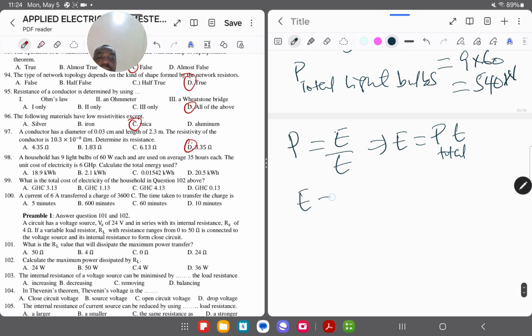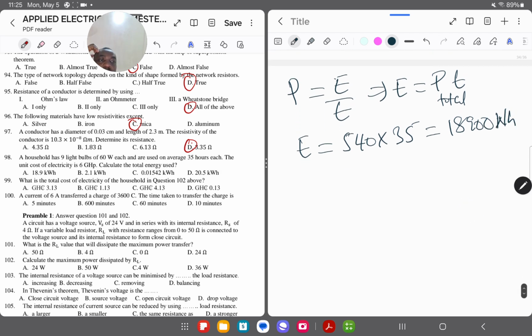So this becomes 540 times 35 hours on average, and we get 18,900 watt hours.